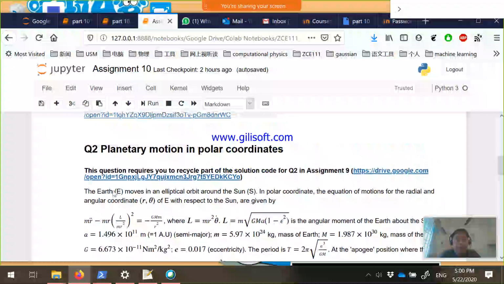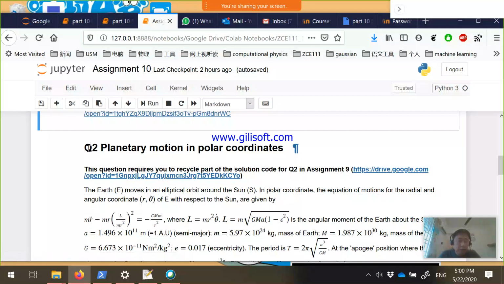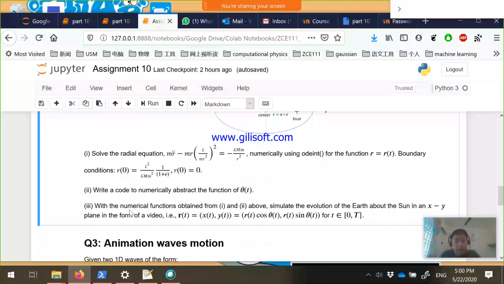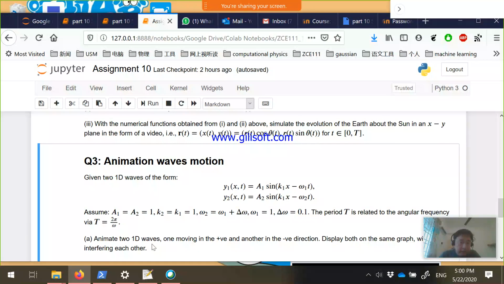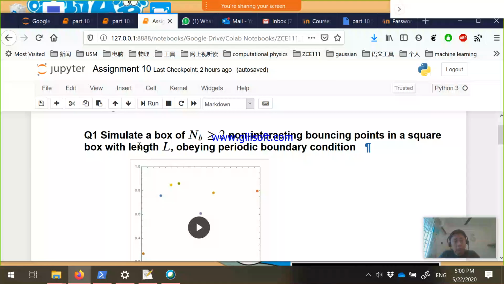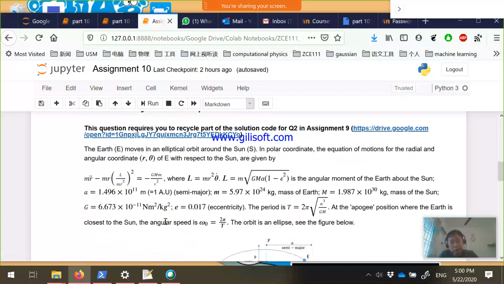So what I'm going to do is take away question 1 and question 2 because maybe you are not ready yet. But I think question 3 you'll be able to do, because I have already discussed it in today's lecture. So I'm going to put questions 1 and 2 in assignment 11. Okay, so assignment 10 will only comprise one question, so you can do it during the holiday.